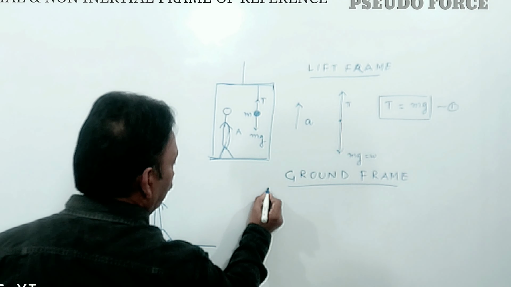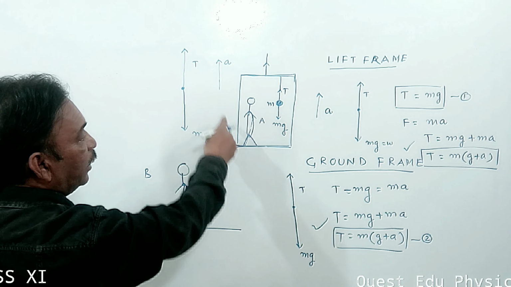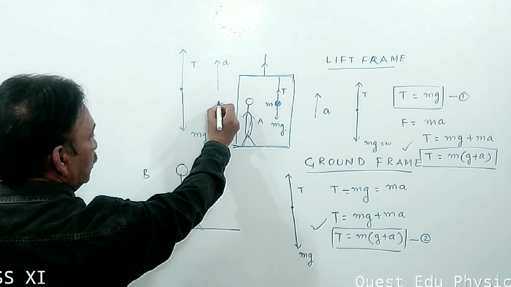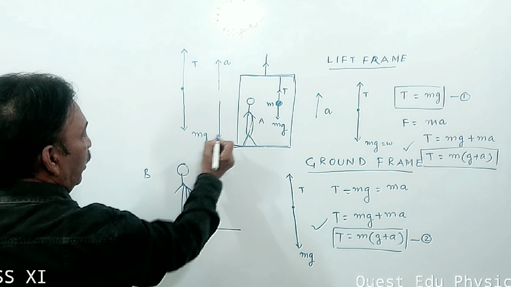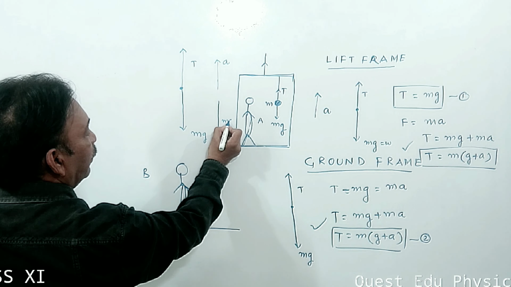But what's the free body diagram? Okay, students, it is T and it is mg, and the body is accelerating in this direction. The force has to be acting this way. But I said you have to add the force which is against the direction of the motion. That means the pseudo force must act in this direction and has a magnitude of ma.